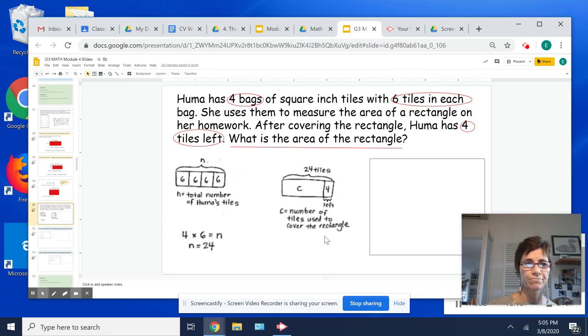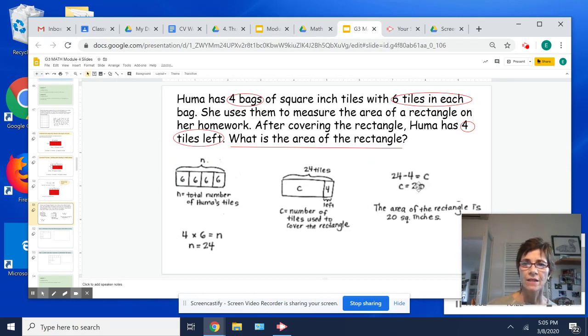You are correct. 24 - 4 is C. C is 20. So the area of the rectangle that she covered with her square tiles is 20 square inches, because we know that they're inch tiles, square inch tiles. 20 square inches.